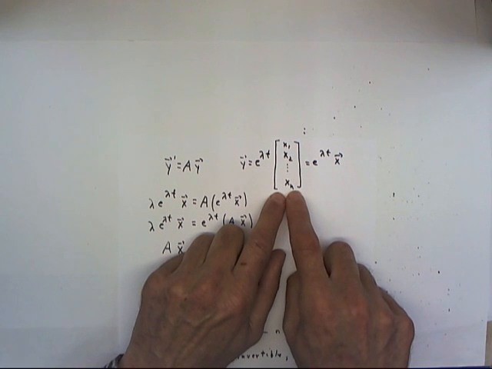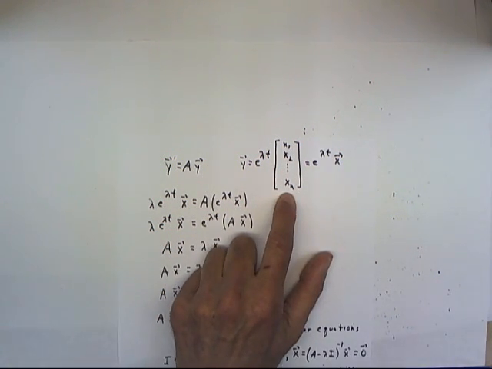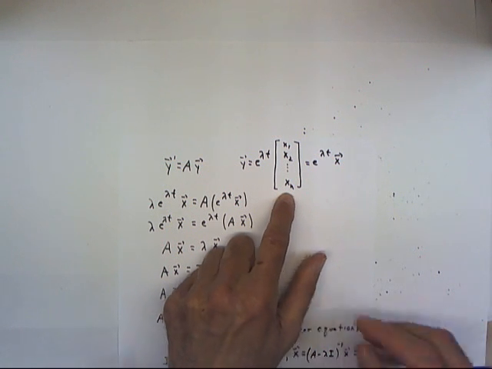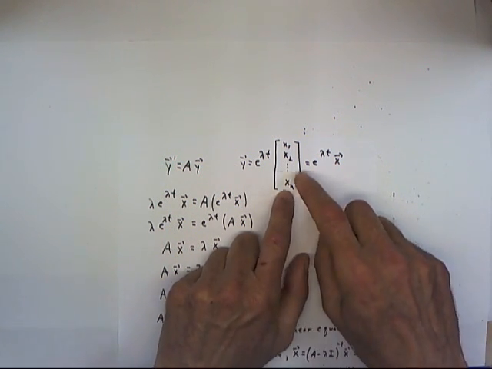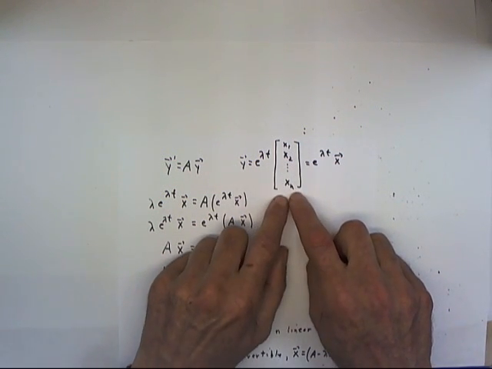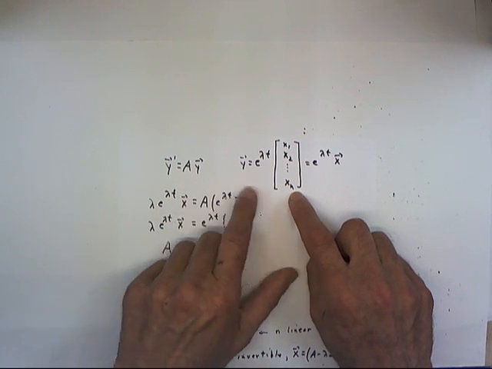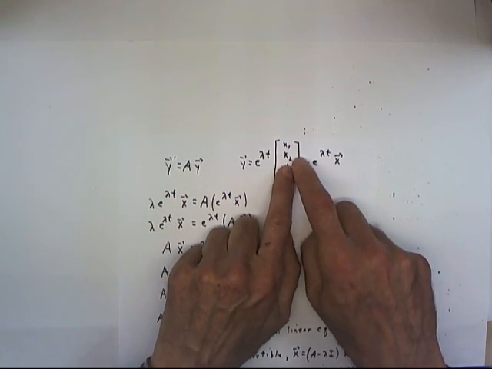Now this column vector has n components, as opposed to the preceding example where we had only an x1 and x2, only two components. There's nothing that restricts this scheme that we developed earlier to vectors with only two components.